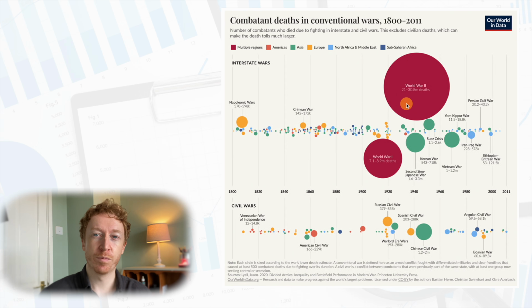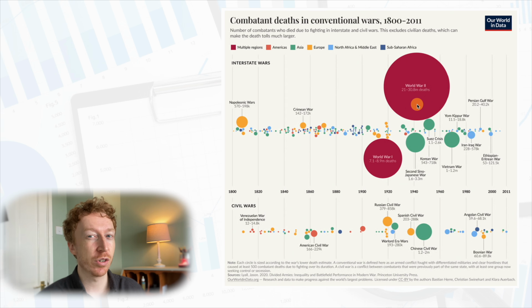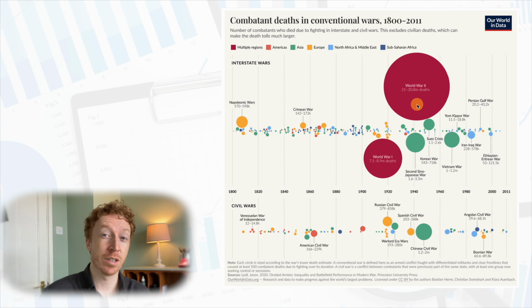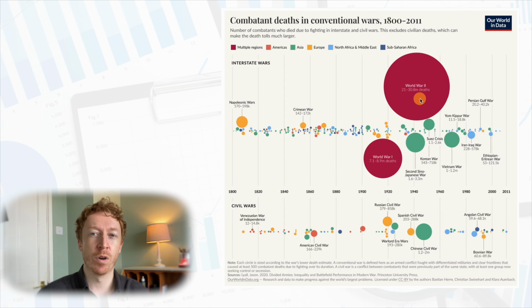According to the data presented in this chart, somewhere between 21 to 30.8 million people died in World War II. Actually, I've heard numbers which are much higher than that. That actually seems to me a little bit low. But we can see that was the largest war in human history.